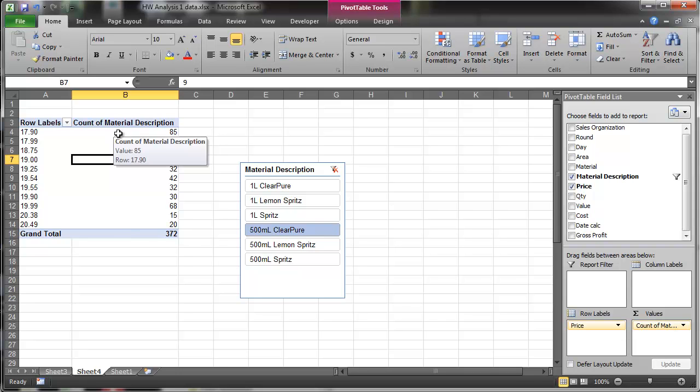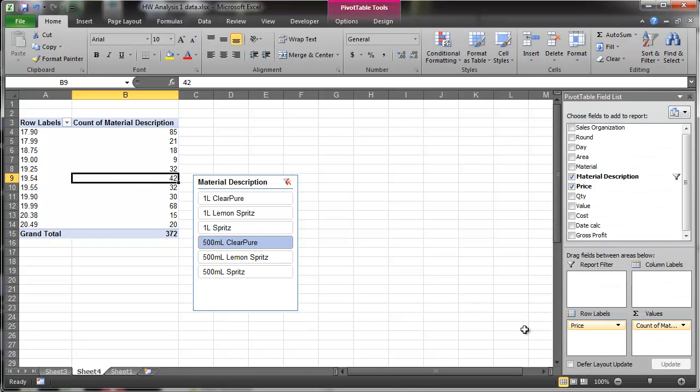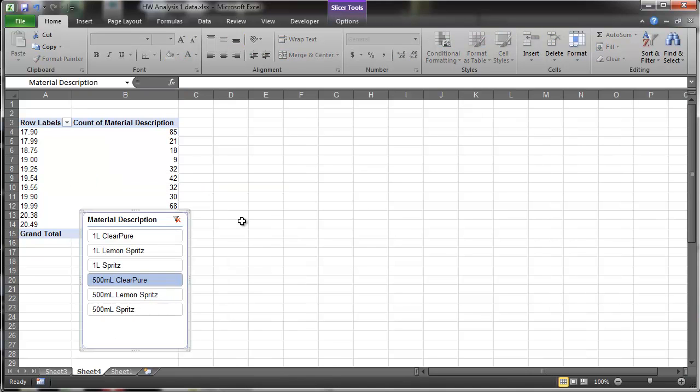So it's not the quantity in the sale, it's just the number of sales that took place at these prices. And there's different ways to work this. I perhaps could have used quantity instead of count, and that's reasonable, but let's look at this. The count, I'm looking at the probability that a sale occurred at a price.